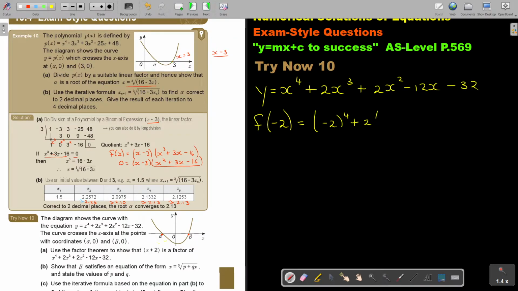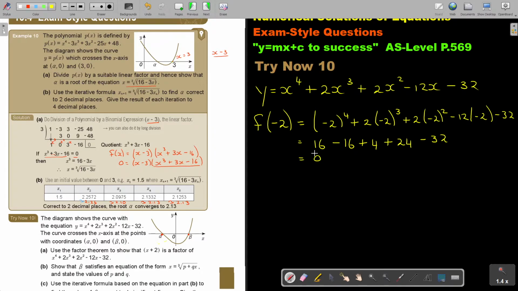Then I'm just going to say -2, and just look at that exponent. Sometimes it's so easy to leave out a 1, and it influences so many things. Especially there's a square, and then -2 minus 32. And then I'm just going to get 16, minus 16, and then this is positive, so it's plus 4, plus 24, minus 32, and that will be equal to 0.